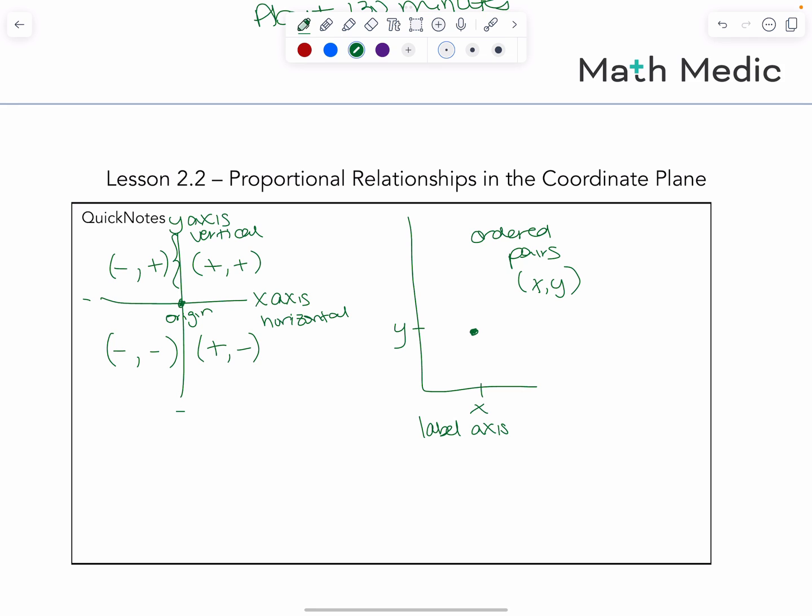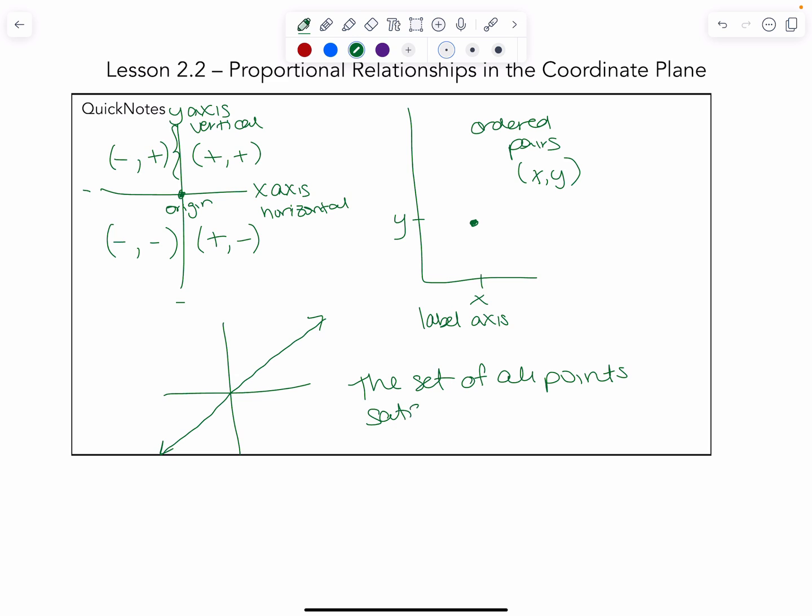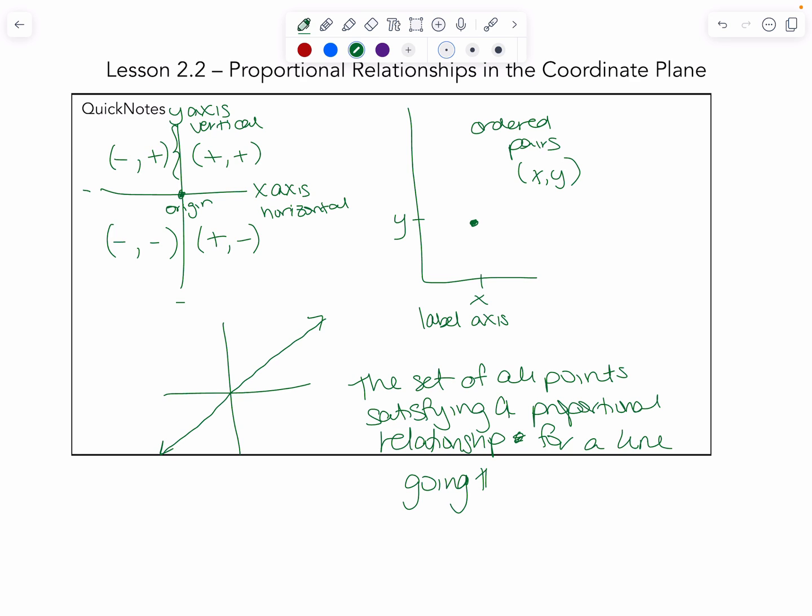Okay. So if I have an equation here that goes through the origin, then the set of all points satisfying a proportional relationship for a line going through the origin is this graph.